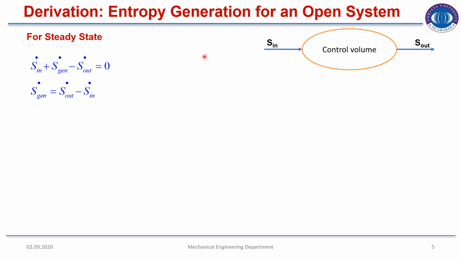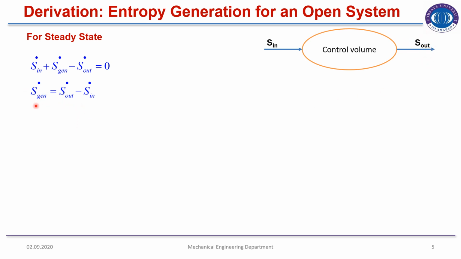So if we are discussing the concept of entropy generation for an open system at steady state, then S in is the entropy that is entering into the system, S gen, the second term, represents the irreversibility within the control volume, and S out is the entropy that is exiting the system.